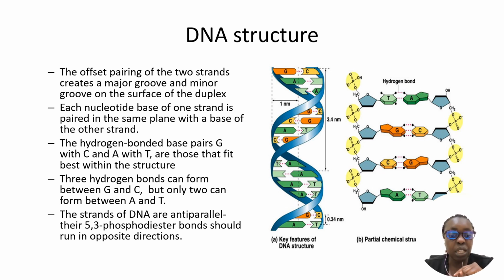Interestingly also, the strands of DNA, they run in antiparallel direction, meaning one strand runs from the 5' to 3' direction, while the other strand runs from the 3' to the 5' direction. So they are all looking in different directions. That's what they mean in antiparallel.